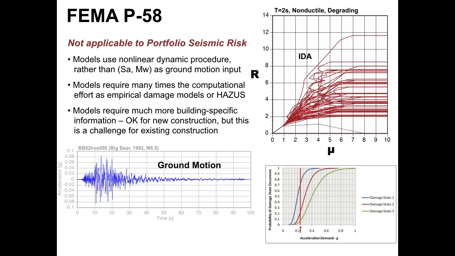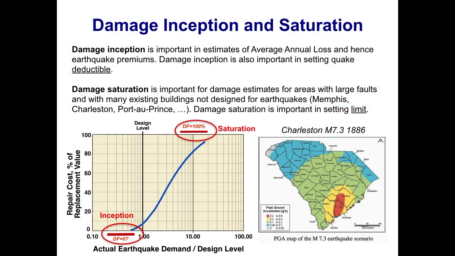One item that's important in the critical evaluation of the various forms of damage relationships is the performance of the damage relationships at damage inception and damage saturation. Damage inception is important in estimates of average annual loss and hence relates to earthquake premiums. Damage inception is also important in setting the earthquake deductible.